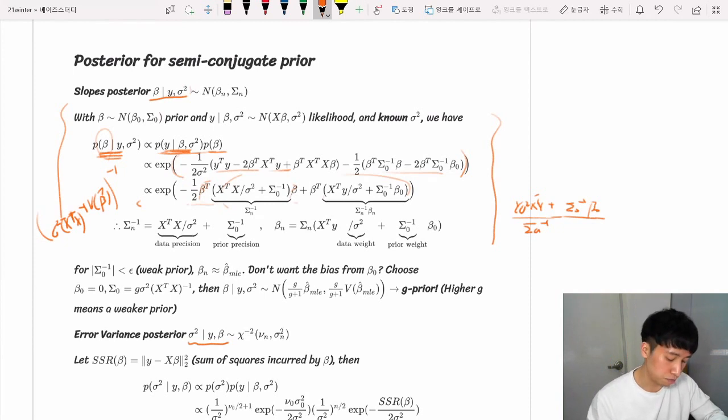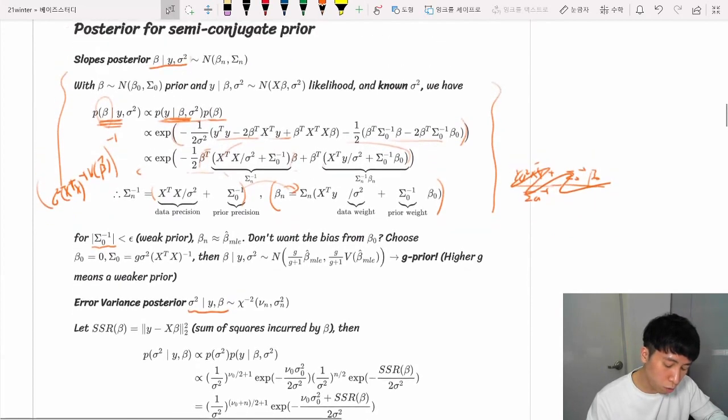So if the precision of the prior is very low, then this quantity here would be very similar to the MLE. You can easily see that: just expand this and insert this expression right here.